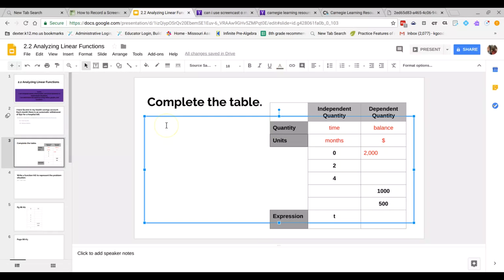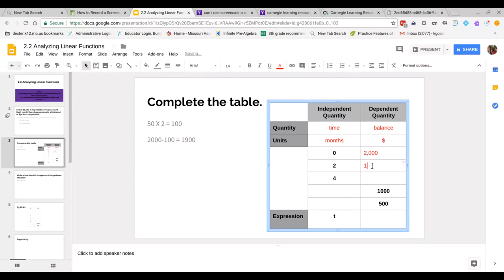Then we would need to figure out after 2 months. Well, if they're withdrawing $50 each month, after 2 months, 50 times 2 is 100. So they would have taken out $100, and 2,000 minus 100 is 1,900. So after 2 months, I would have $1,900.